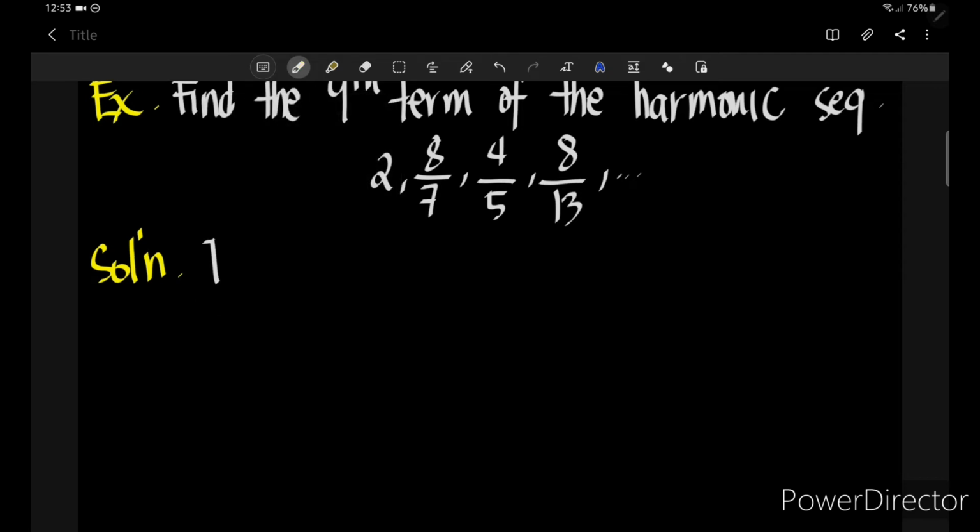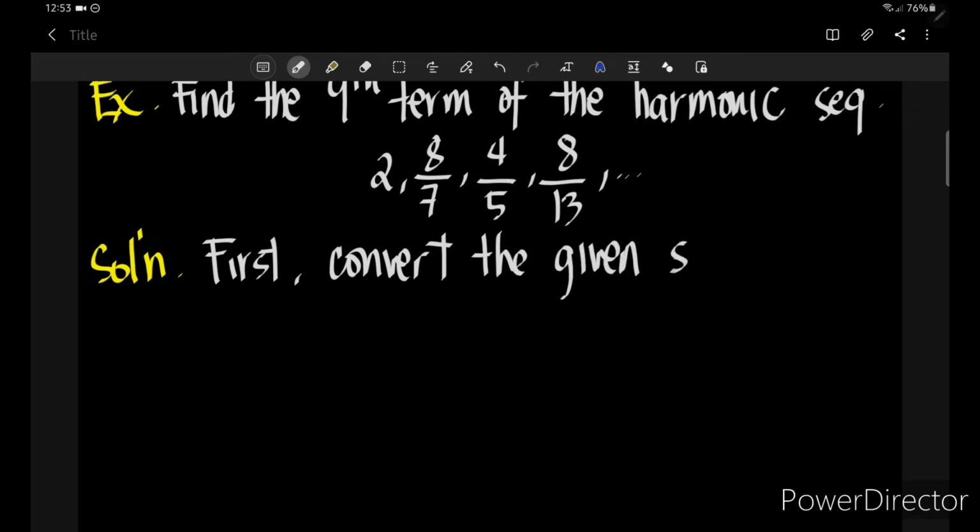Okay. First, convert the given sequence into arithmetic sequence, no?